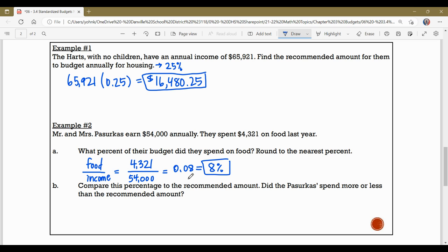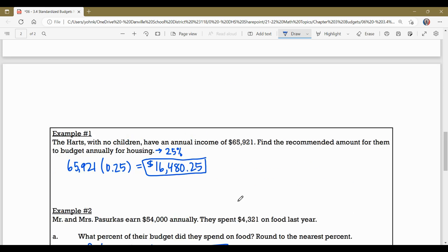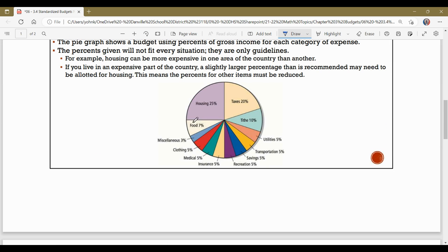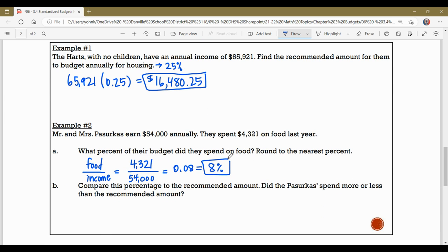So compare this percentage to the recommended amount. Did they spend more or less than the recommended amount? Well, let's go up top. For food, it is recommended that you spend 7% of your budget. Well, they spent 8%. 8% is greater than 7%.